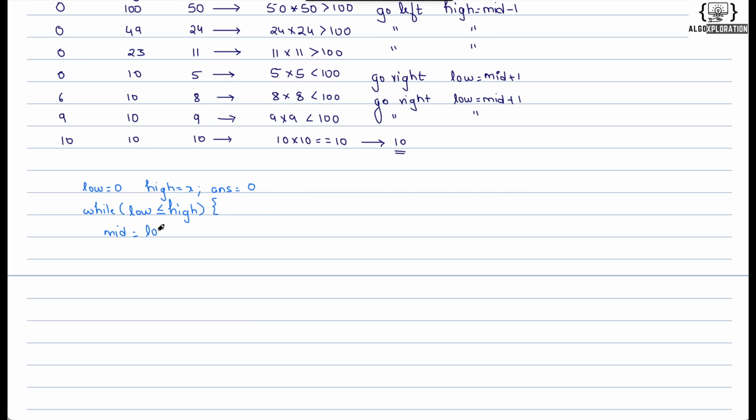So low plus high minus low divided by 2. Now we need to check if mid cross mid is equals to x. If it is, then we need to return mid.